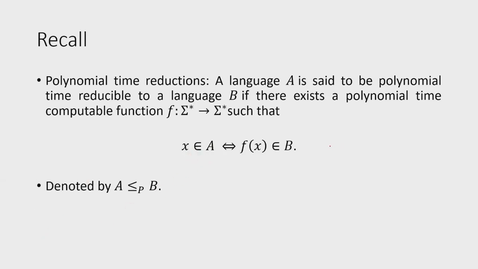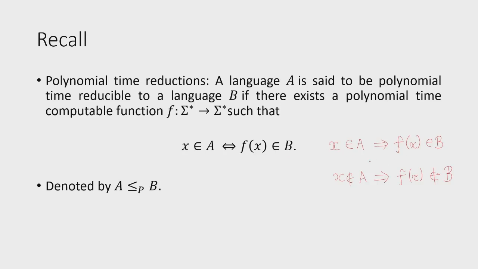In the lecture, he might have done the following. x in A implies f of x in B, and x not in A implies f of x not in B. So yes, these two combined mean just this: x is in A if and only if f of x is in B.